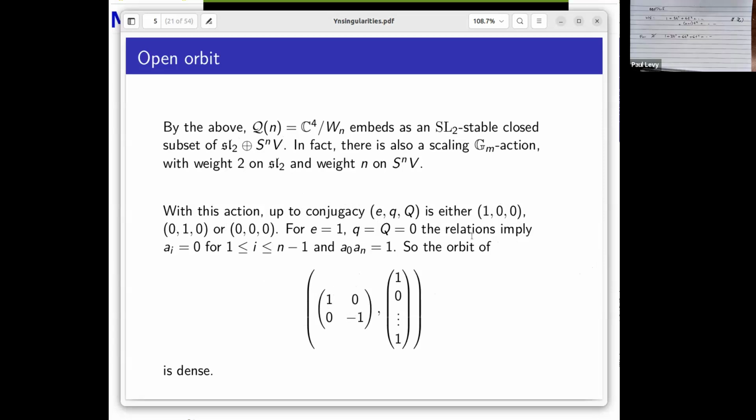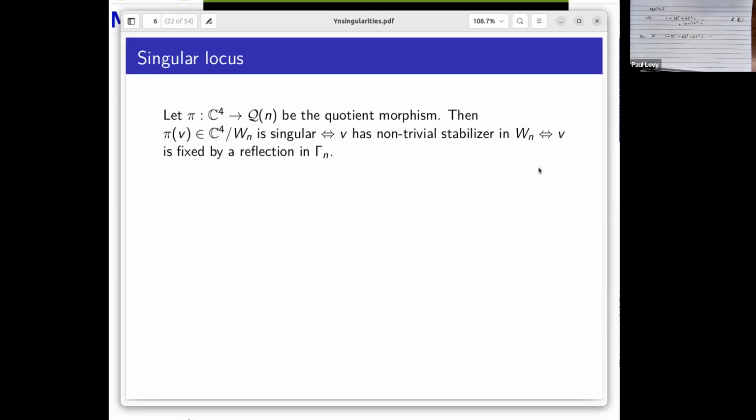So in fact, there turns out to be an open orbit, an orbit of dimension 4. So you can use this to show an isomorphism of something with this quotient, for example. Okay, so there's an open orbit there.